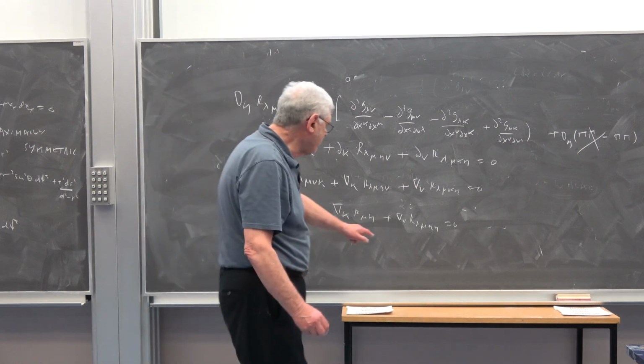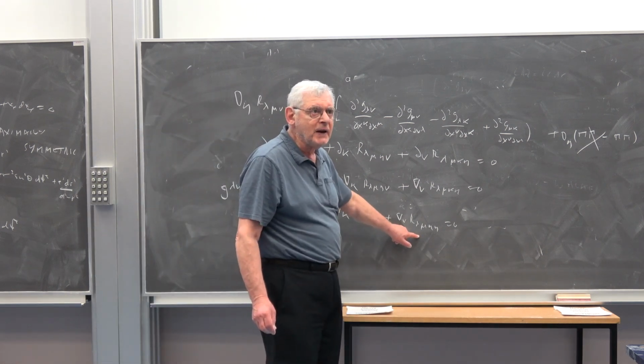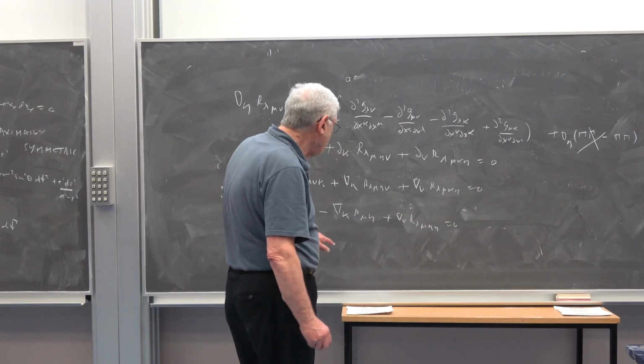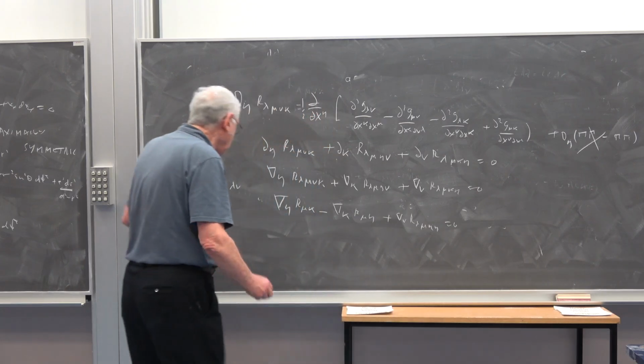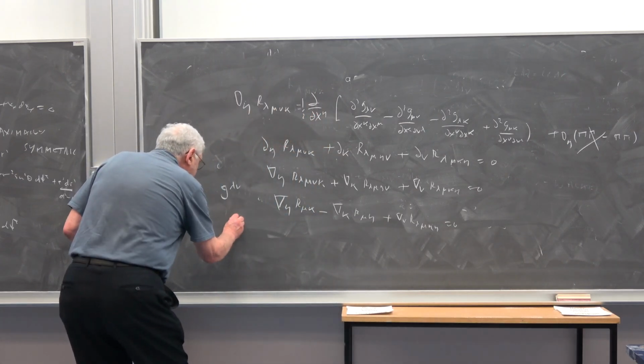But I still have got the Riemann tensor, so I'm going to have to do another contraction. The next contraction that I do is I now multiply by g mu kappa.